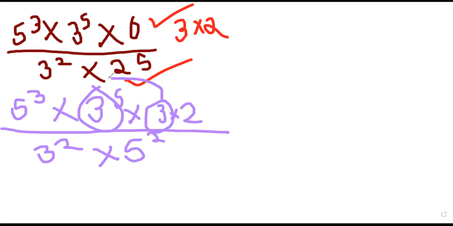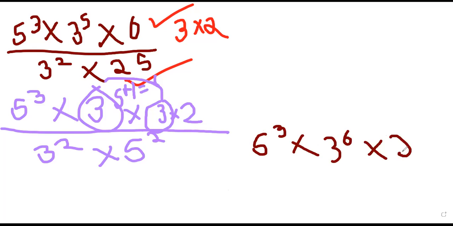If 1 three went here, the power will change, plus 1, it became 6. So it becomes 5 cube into 3 to the power 6 into 2.